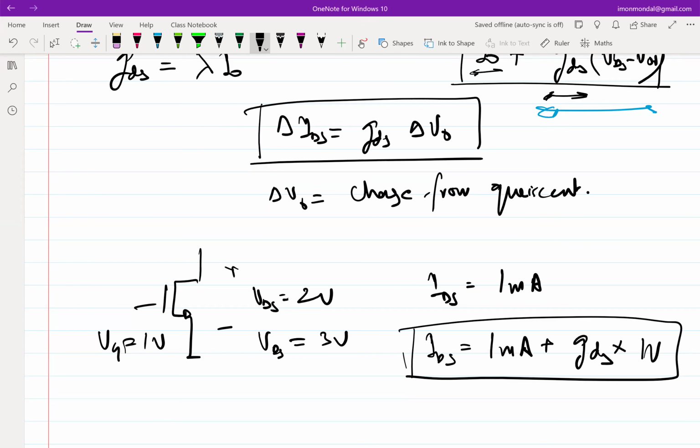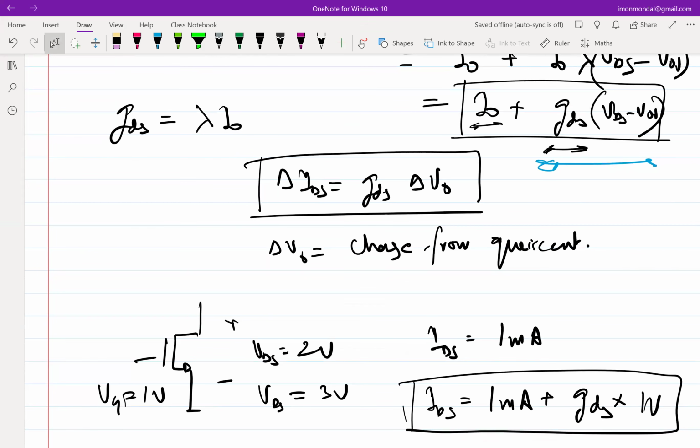Like when it changes, but according to that formula on the top right, VDS minus the overdrive, the quiescent voltage should be the overdrive.